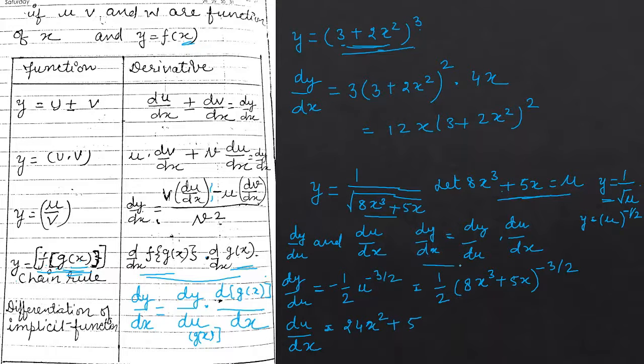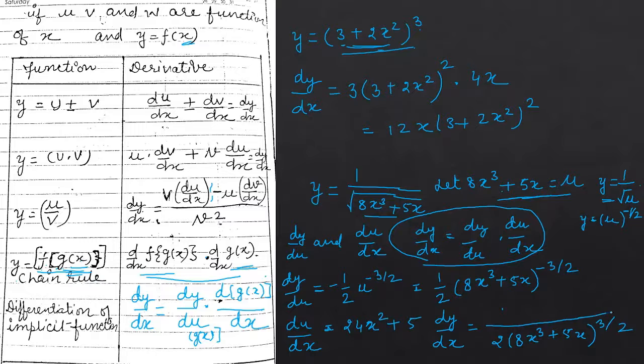And now from this formula we will calculate dy by dx, and this will be equal to 1 upon 2 into 8x raised to 3 plus 5x raised to 3 upon 2, and here we can write 24x square plus 5 is the answer, right?